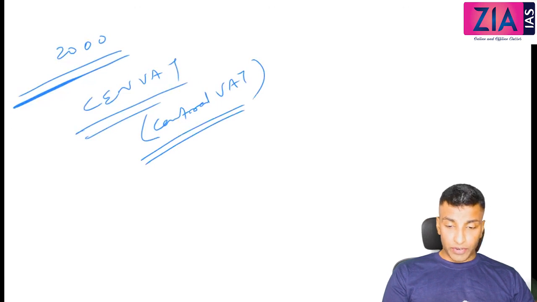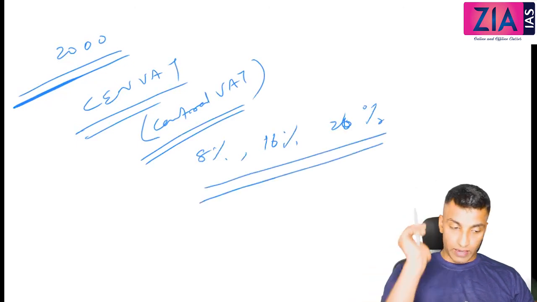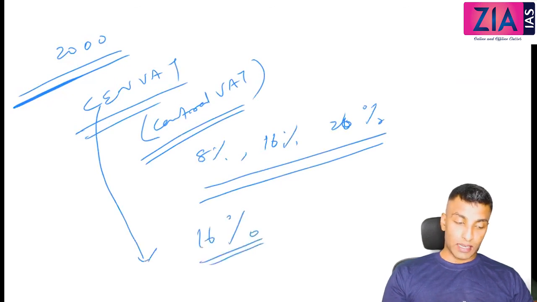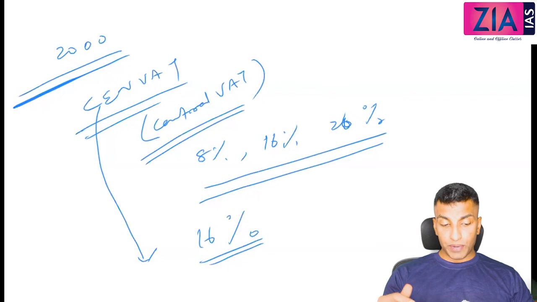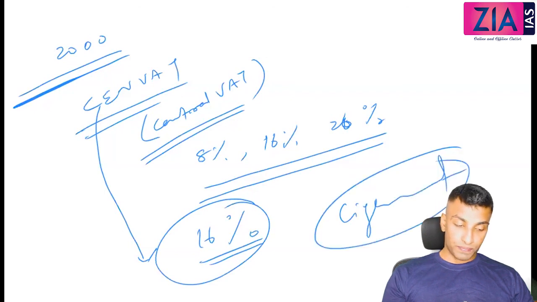Earlier, there were different tax rates in Modvat, like 8%, 16%, 26%. So these are the 3 major rates. So different items are charged differently in Modvat. Now in Senvat, a uniform tax rate was fixed, that is 16%. So for everything, this is at 16%. Those items where the government wants to increase or decrease the tax were kept out of this, like cigarettes.